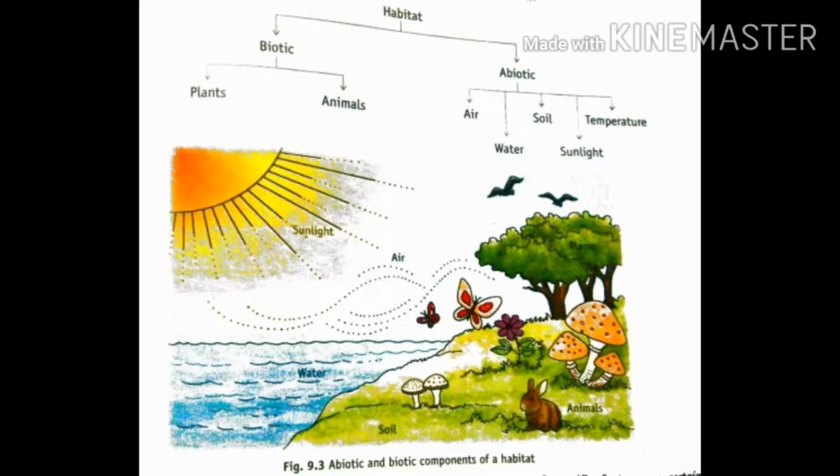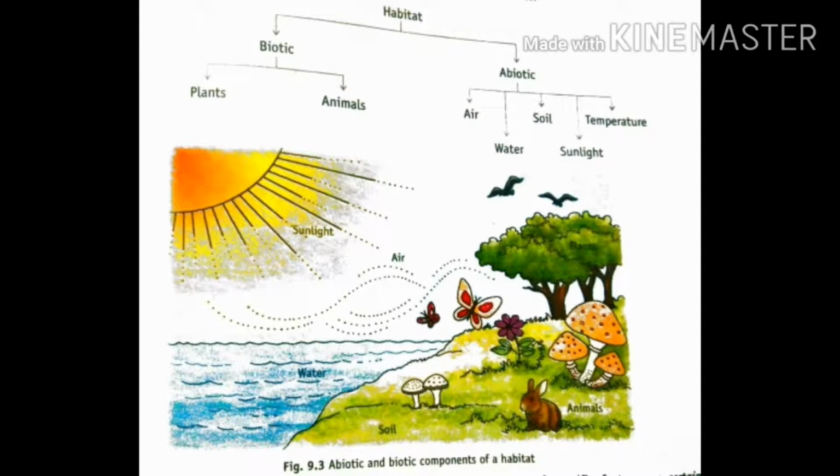Yes, all living organisms including plants and animals come under the category of biotic or living components. So what are the living components? Plants and animals. Next one, non-living or abiotic components.